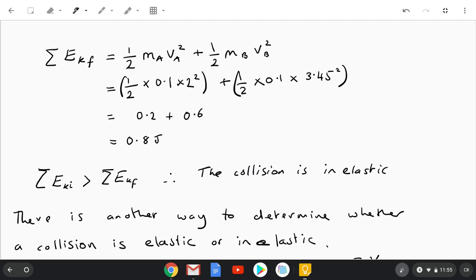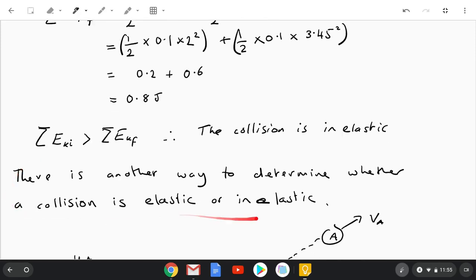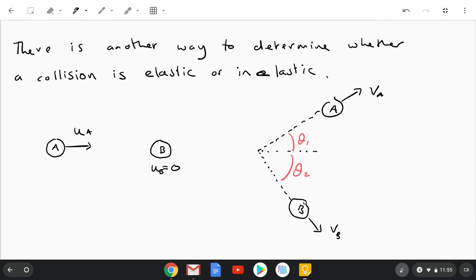So there's another way, for your syllabus, to determine whether a collision is elastic or inelastic. I'm drawing the same picture, but with no values apart from this puck having 0 speed. One object is not moving, the other is moving to the right, and after the collision, object A moves off at angle theta 1, object B moves at angle theta 2 with their respective speeds.